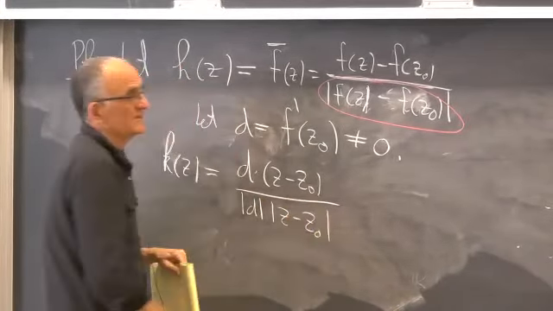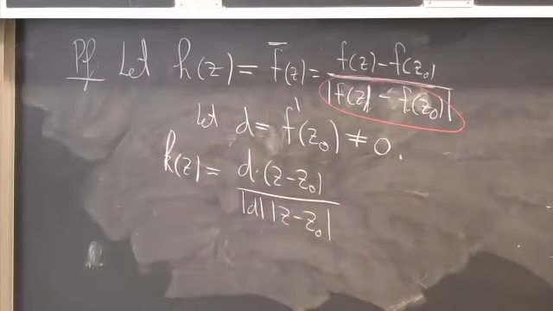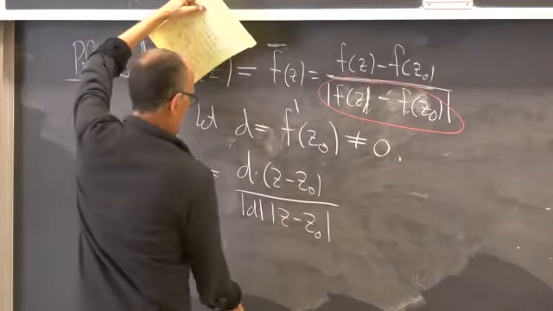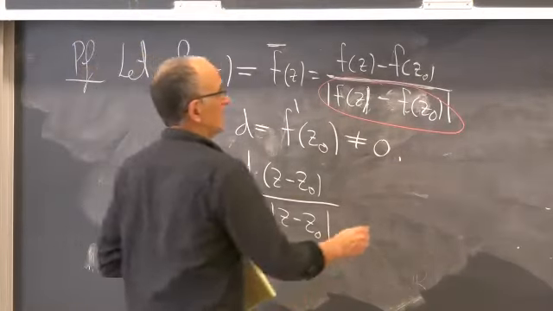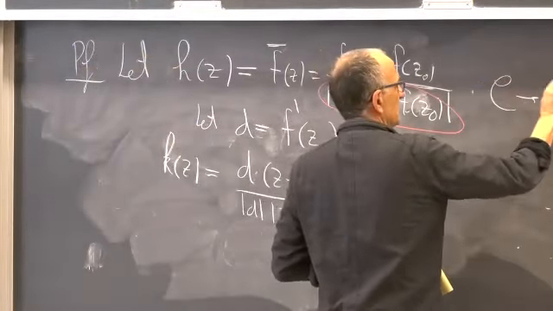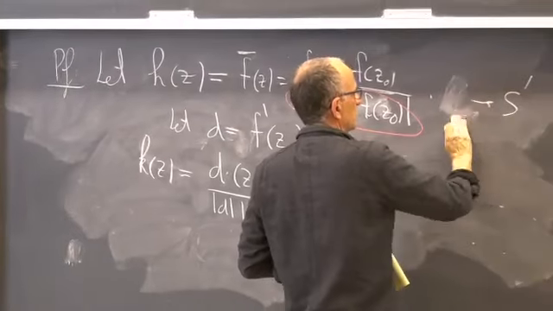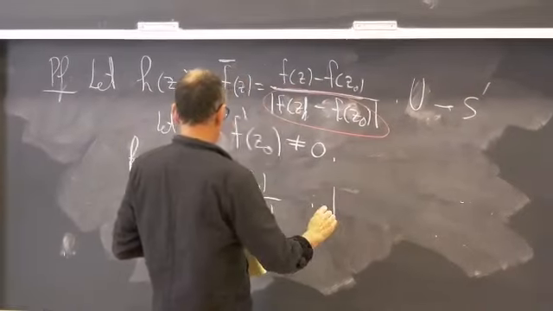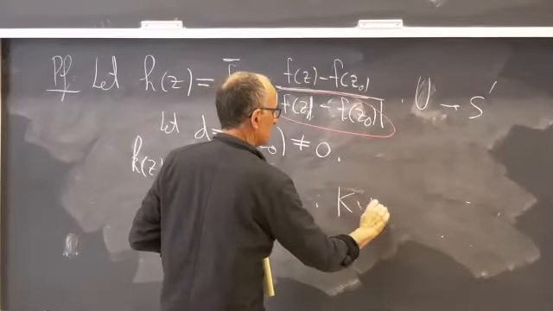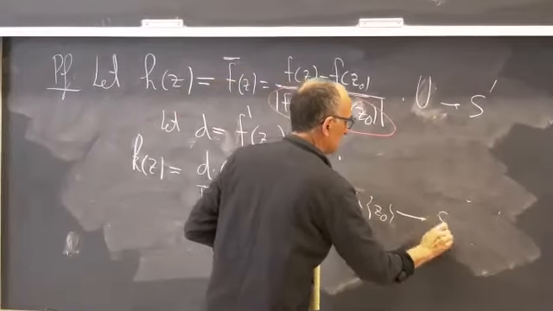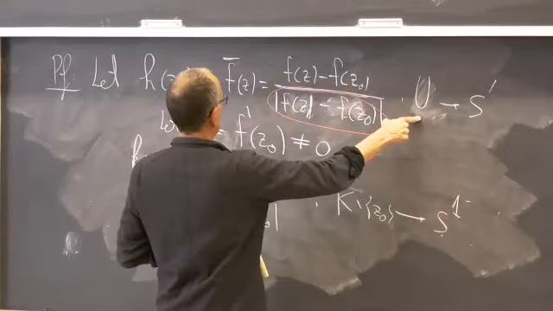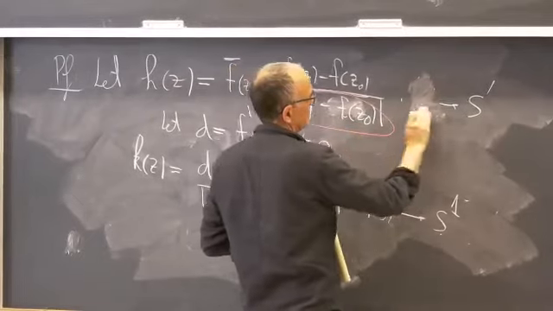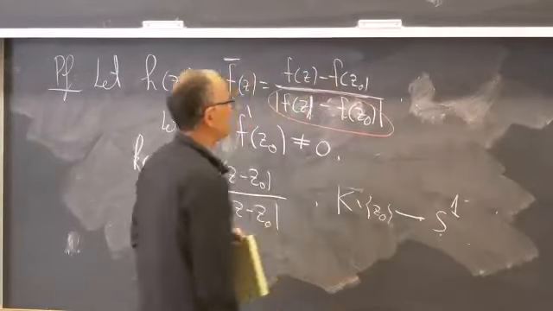So these are two functions into S1, one from U minus z0 into S1, and this is not exactly U, but all the places where f of z is different than f of z0.